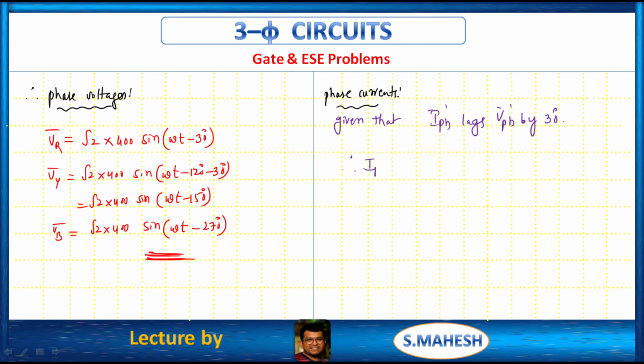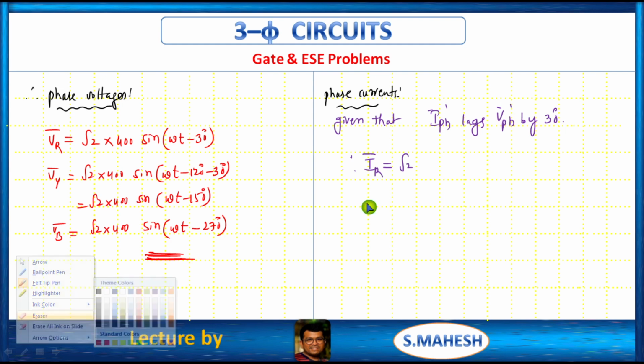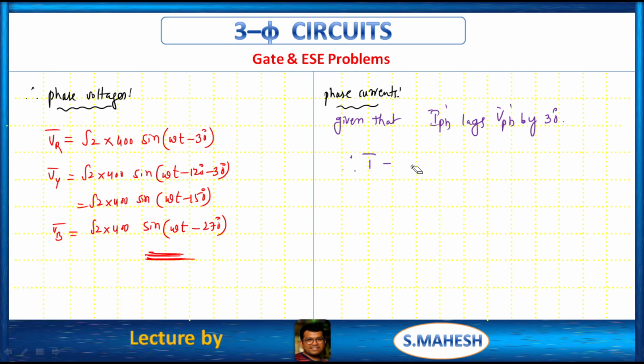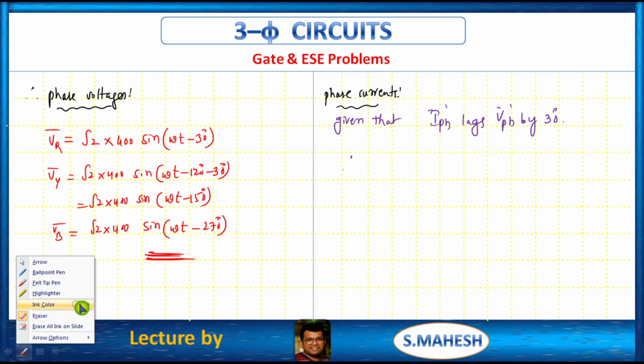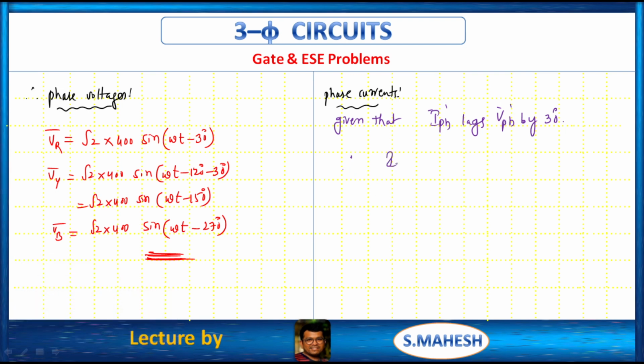Therefore, phase current IR should be equal to what? Root 2 times I phase. Before that, I have to write one point. I phase is what? V phase by Z, right? Assume Z is equal to 1 ohm, that's it.